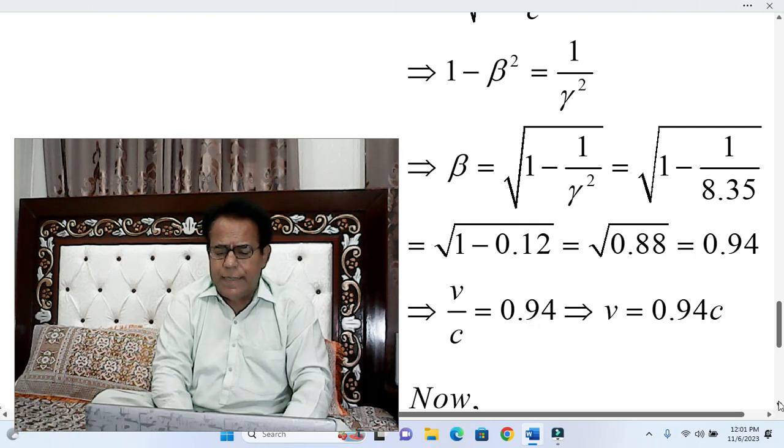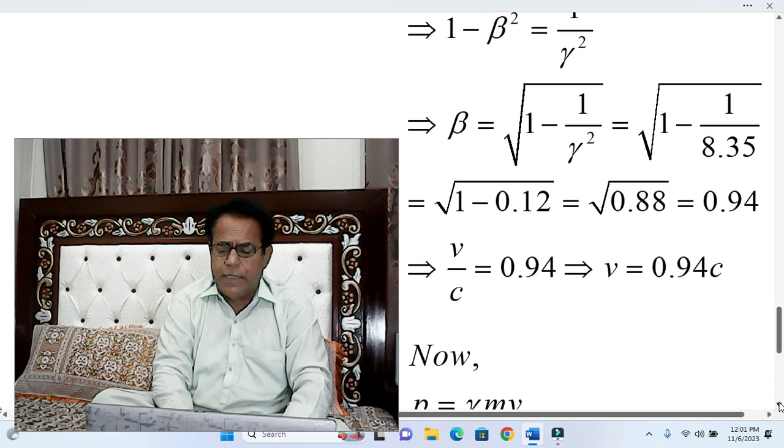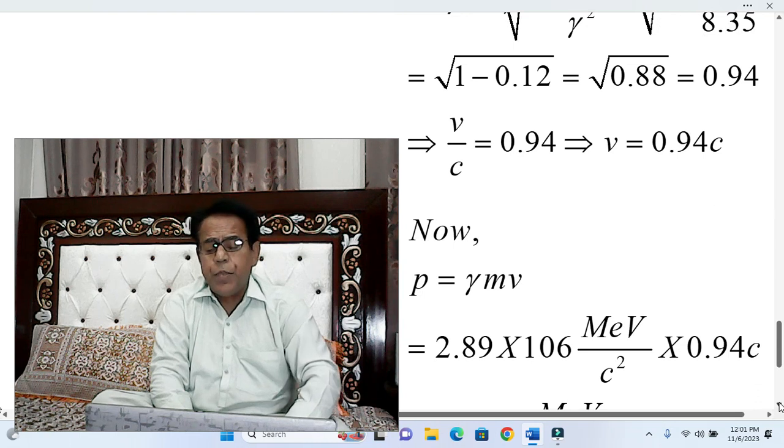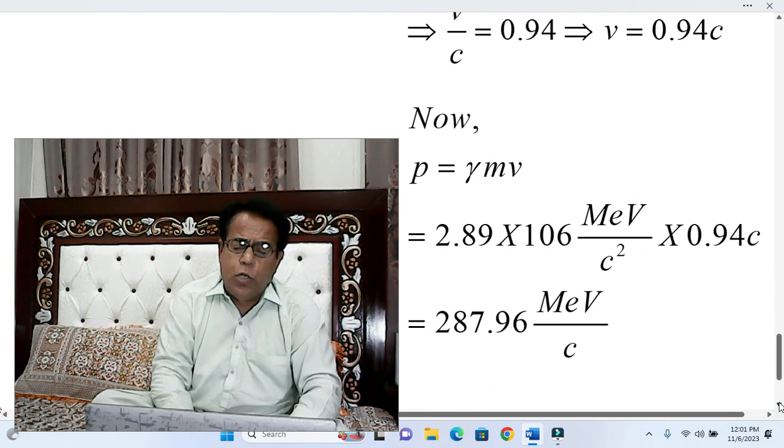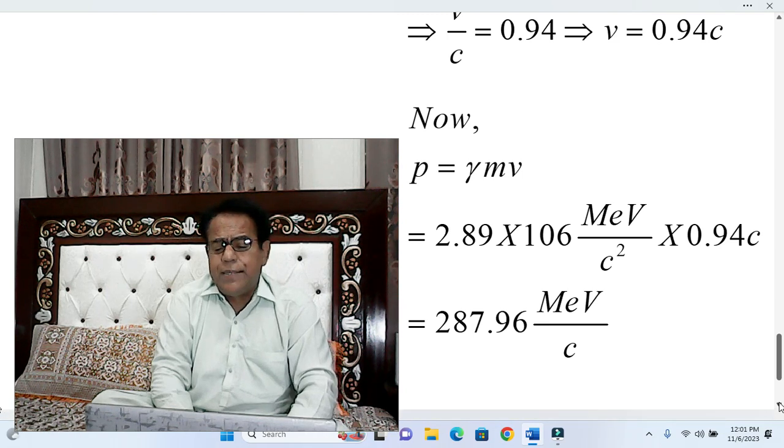This implies that v becomes equal to 0.94 c. Now we know that relativistic momentum is equal to Lorentz factor gamma into mass into velocity.